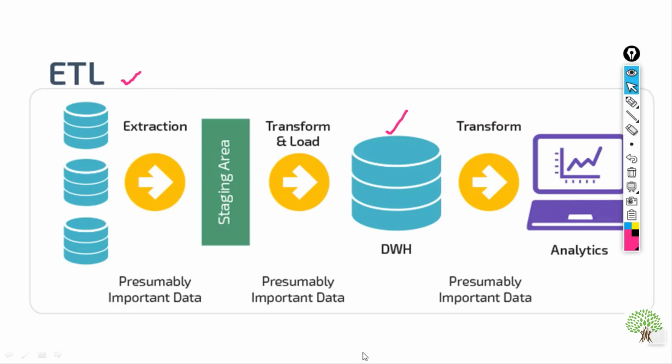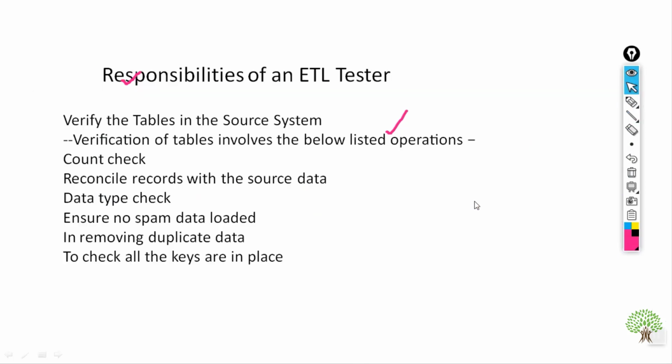Now, if I go deep into these responsibilities, let us take a look at them. When we are fetching data from different data sources, that data comes in a raw format. So we need to verify the tables in the source system. And the verification comes through count check. We need to reconcile the records with the source data.